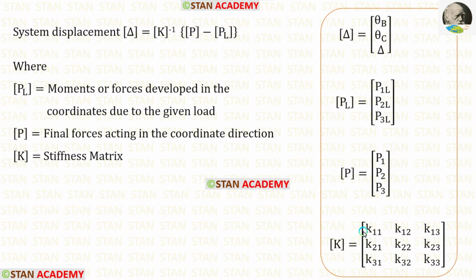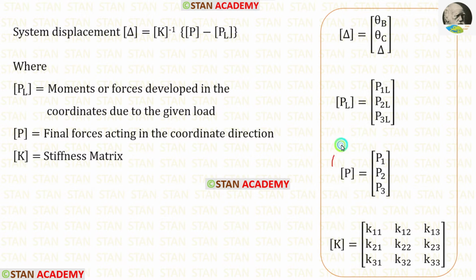Since we have three coordinates, the size of the stiffness matrix will be 3 cross 3. Inside the delta matrix, we will have the slope theta B, slope theta C and the sway delta.